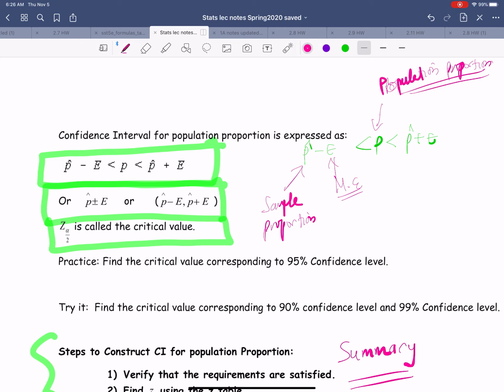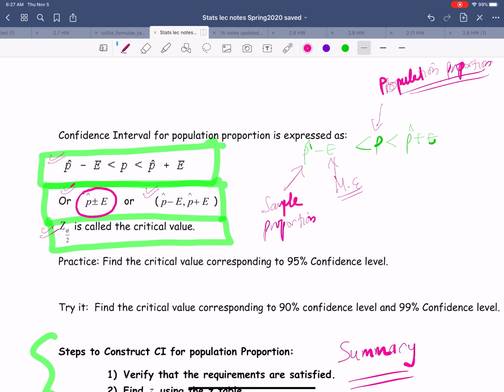Okay, so the wiggle room you have to deviate from the estimate for your population. Okay, so we can also express it as P hat plus minus E. Instead of writing in this form, we can express it in this form, or we can express it in the confidence interval form in parentheses.